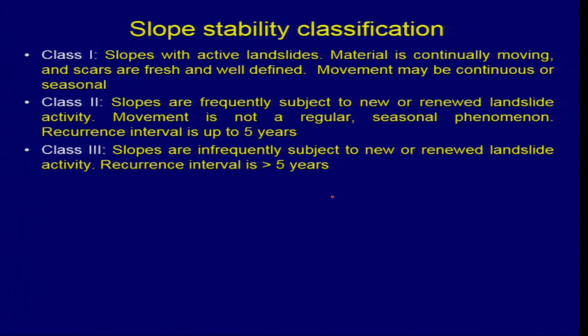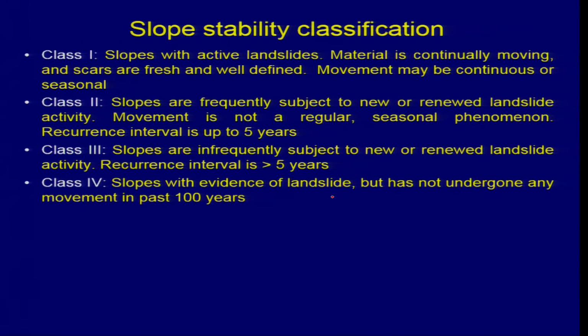Third category, class 3, slopes are infrequently subjected to new or renewed landslides. A recurrence interval is greater than 5 years. And class 4, slopes with evidence of historical or past landslides, but which have not undergone any movement in the past 100 years.